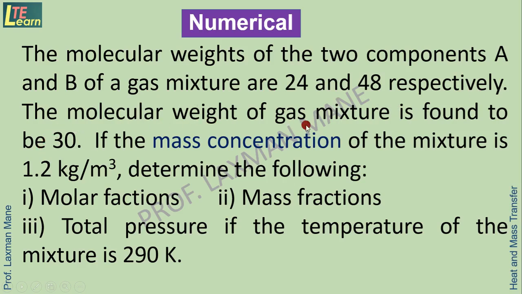The molecular weight of the gas mixture is 30. If the mass concentration, meaning density, of the mixture is 1.2 kg per meter cube, determine number 1, molar fractions, number 2, mass fractions, and number 3, total pressure if the temperature of the mixture is 290 Kelvin.